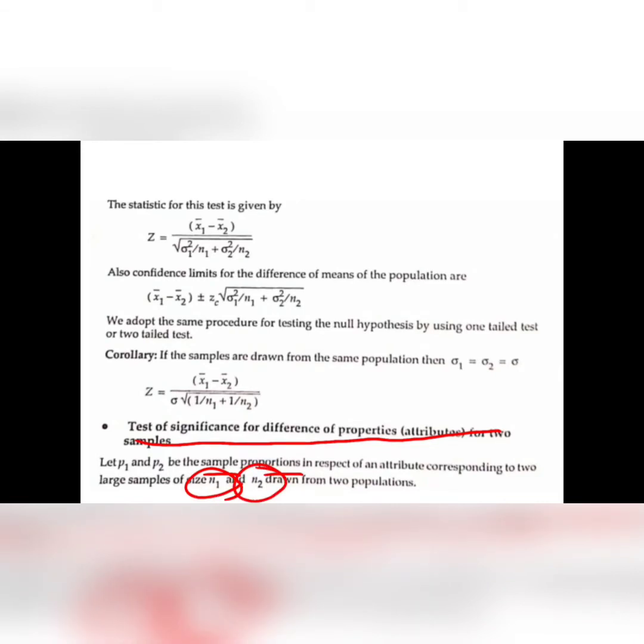So we have two populations, 1 and 2, and we have selected a sample of size n1 from the first and n2 from the second population, and let us assume P1 and P2 are the sample proportions of a particular attribute of both of these samples taken from the first and the second population. Understood?